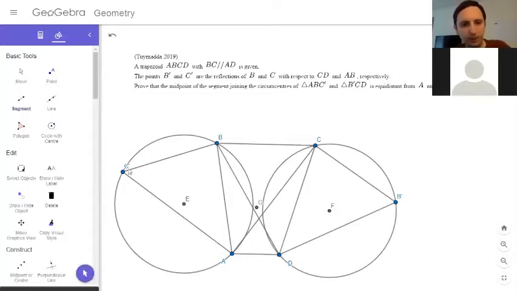So yeah, what does that mean? The midpoint of those segments is equidistant from A and D. So that's like the reflection. Kind of interesting.